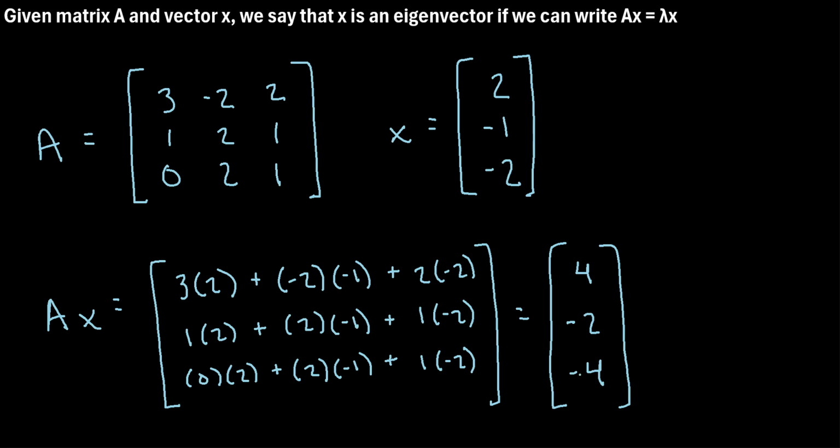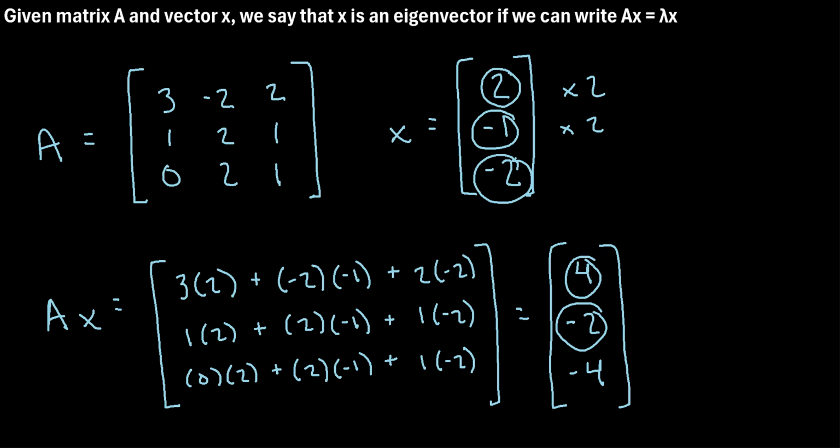Once we have this vector, we have to ask ourselves, is there some lambda value that we could have multiplied the x values by to get this vector? Well, the way that we can check that is we can say 2 times what would get us this value? Well, 2 times 2. Negative 1 times what would get us this value? Well, also times 2.